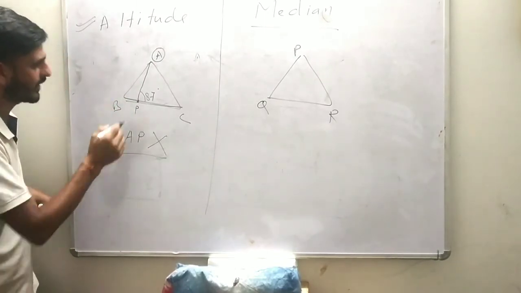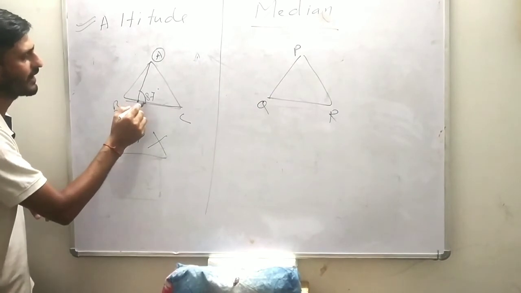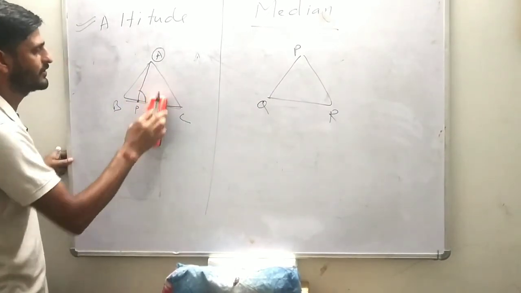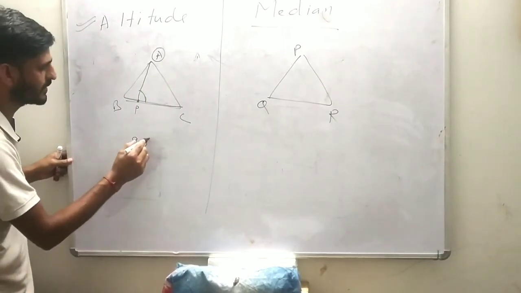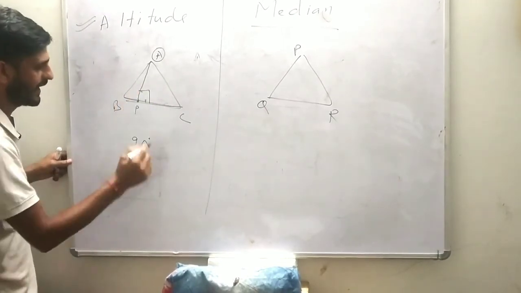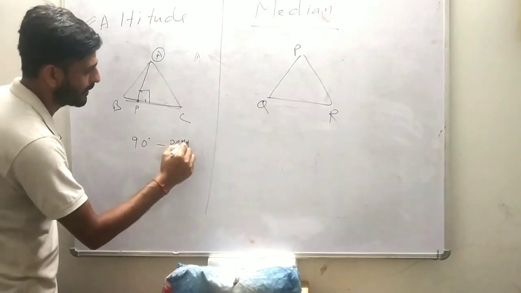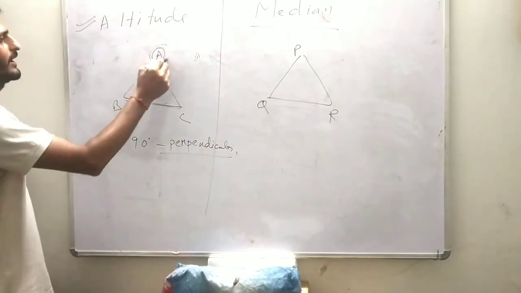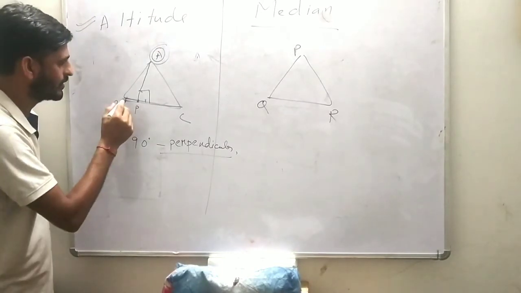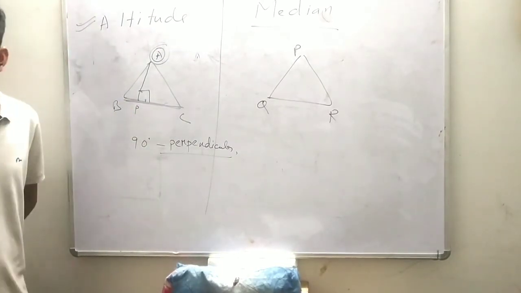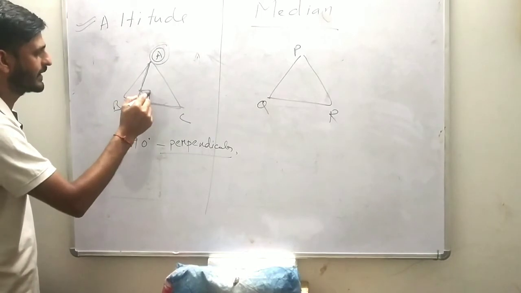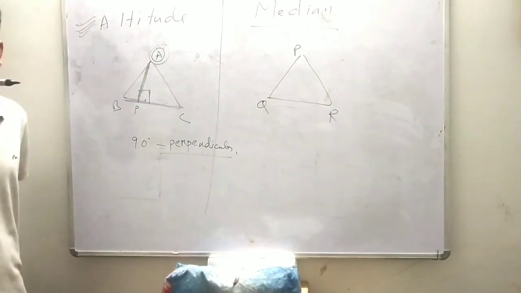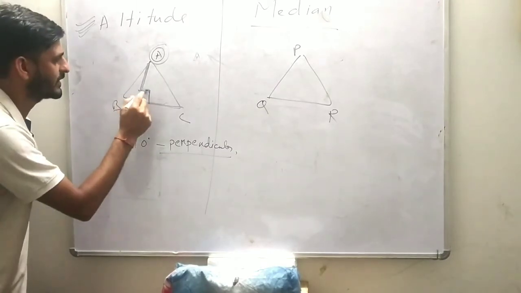No, because AP is forming an angle of 87 degrees here. It must be 90 degrees. That means it must be like this, and it is called perpendicular. So take a vertex and join a line to the opposite side. Whenever they form an angle of 90 degrees, the line segment is known as the altitude of the triangle. It must be 90 degrees, perpendicular.